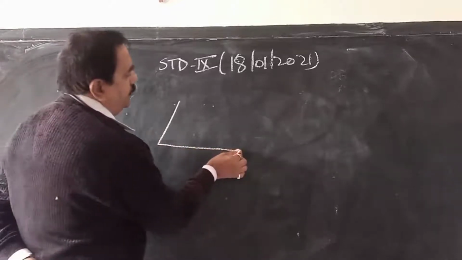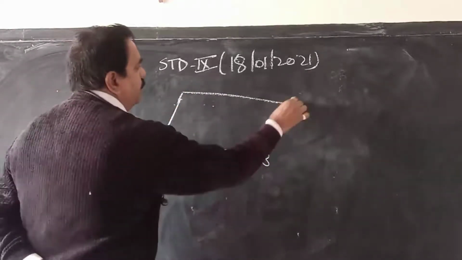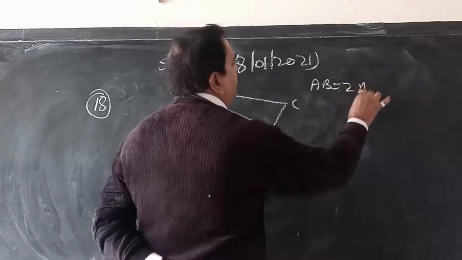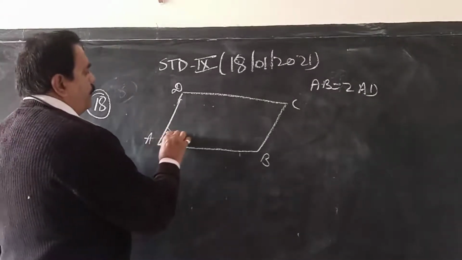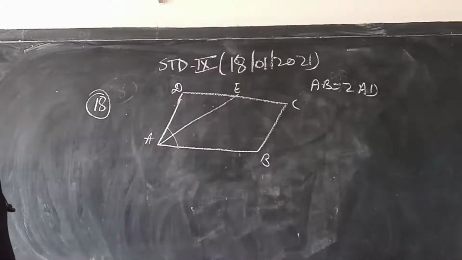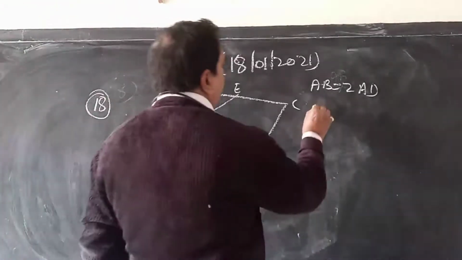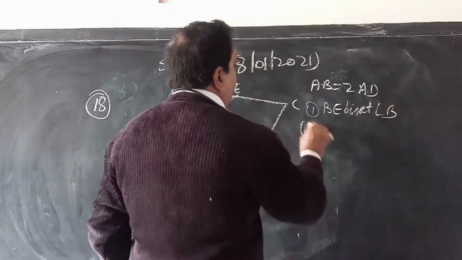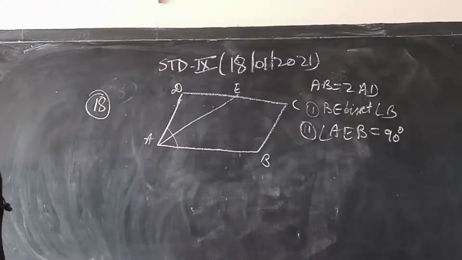Given parallelogram ABCD, AB is equal to twice AD, and AE bisects angle A and meets CD at E. Then we have to prove that, first, BE bisects angle B, and second, angle AEB is equal to 90 degrees. These two things we have to prove.